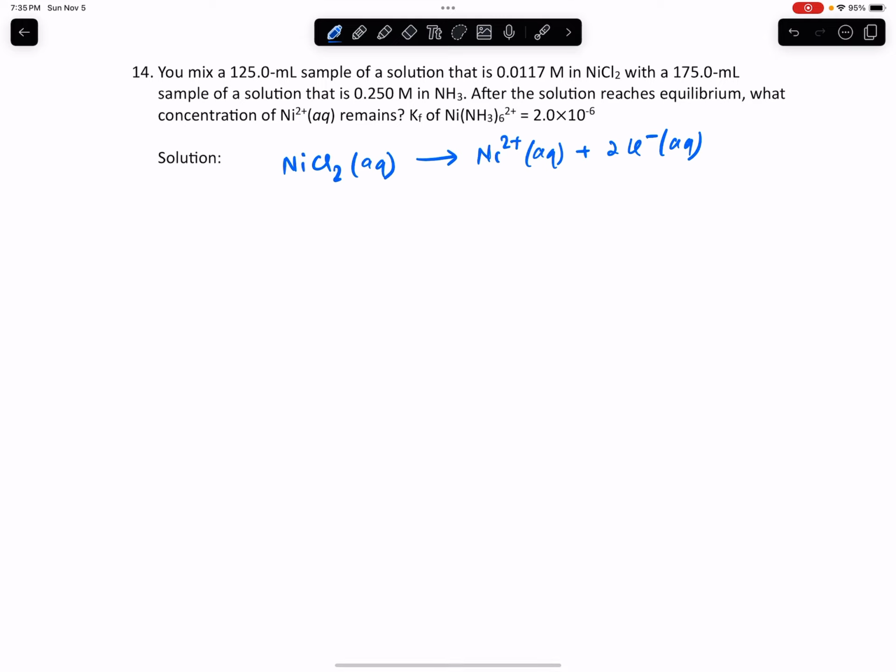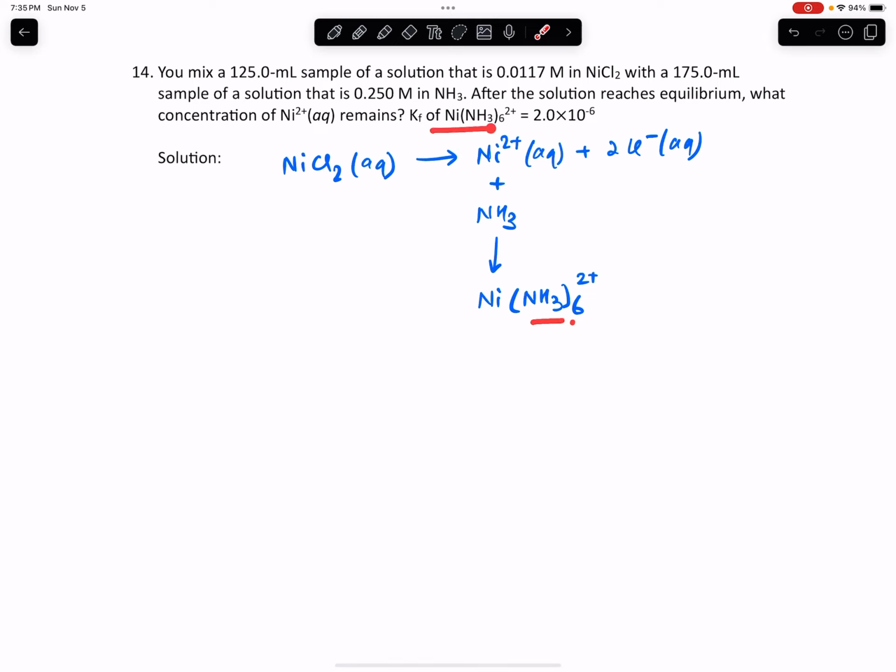Then the ammonia that's given to us reacts with the nickel 2 plus, and that forms a nickel ammonia complex, which is Ni(NH3)6 2+. You need 6 NH3s to form the nickel ammonia complex.